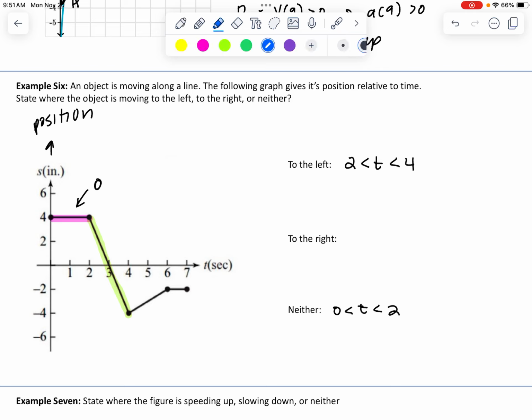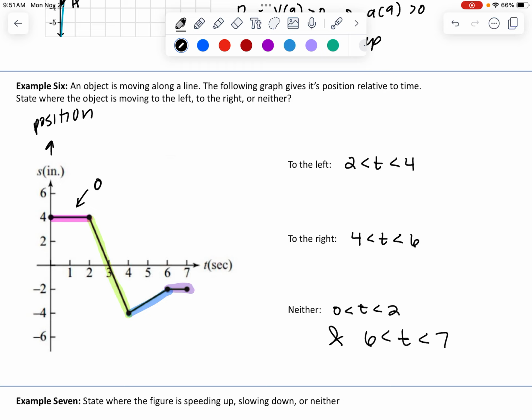This next section, the slope of that line is positive, and when you write these sections, you always write the x values out. That's going to be moving to the right. And then this last section, again, the slope of that part is 0, so I'm going to put that under the neither section. So 6 is less than t, which is less than 7. So that's the answer for this section.